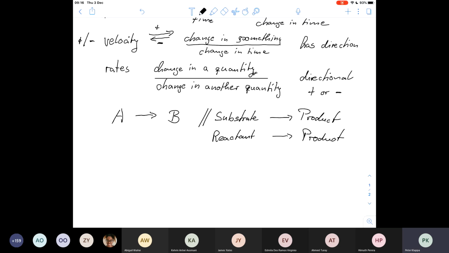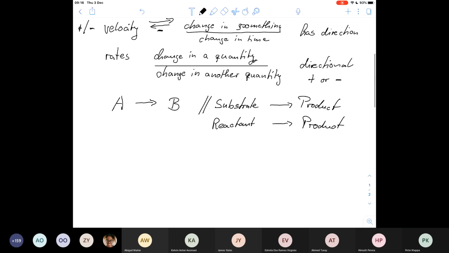And we can define rates for these reactions. Rates for a reaction.